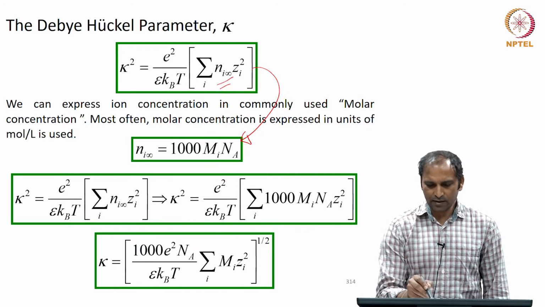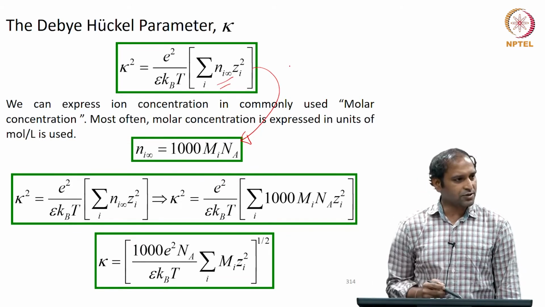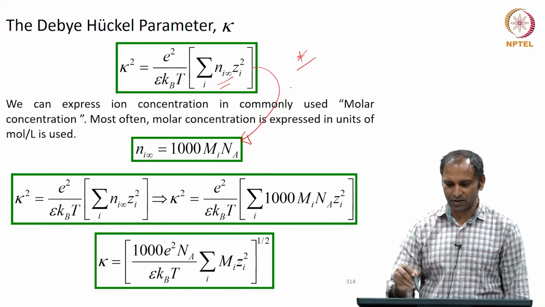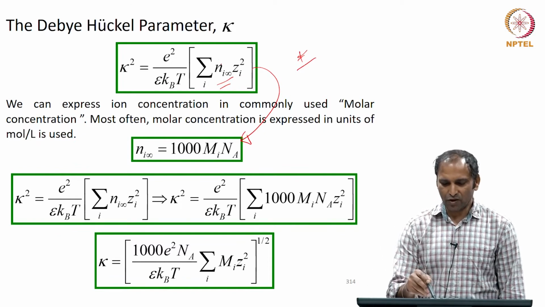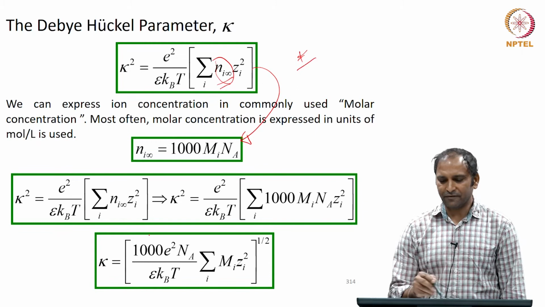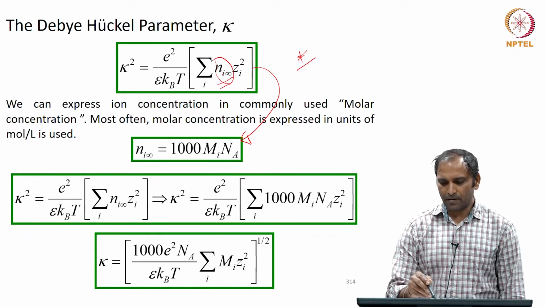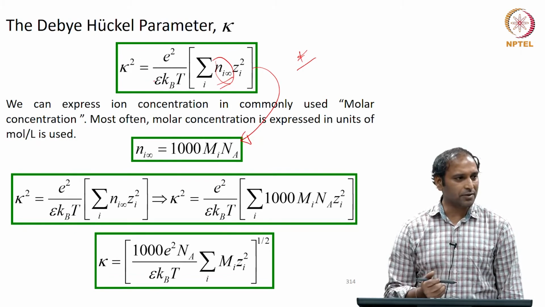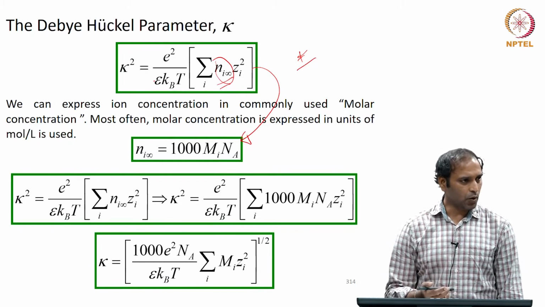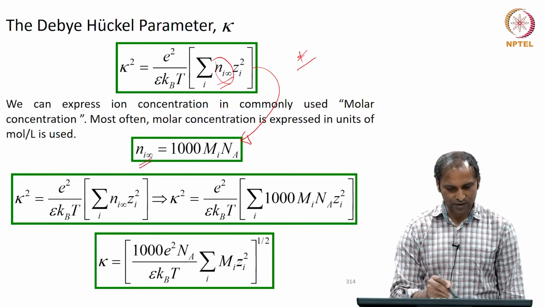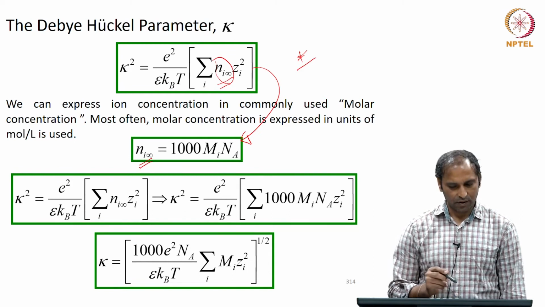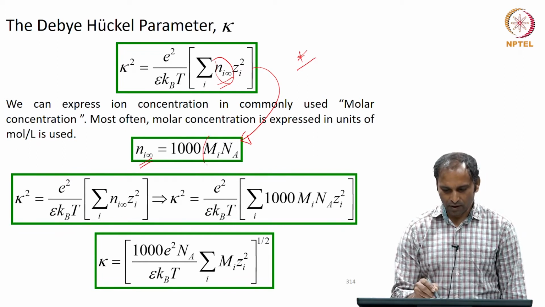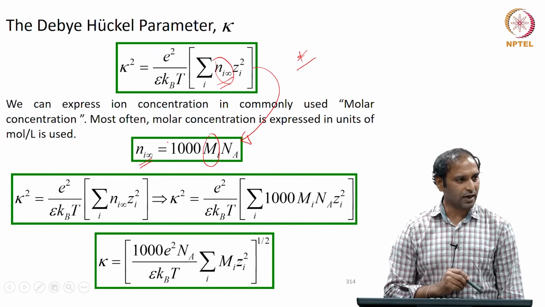Now, this Ni infinity is the concentration of ions, that is, the number of ions per unit volume. You can rearrange this expression and express kappa square in terms of more measurable quantities. Ni infinity, the concentration of ions in the solution, can be expressed in terms of the molarity of the salt that is added.